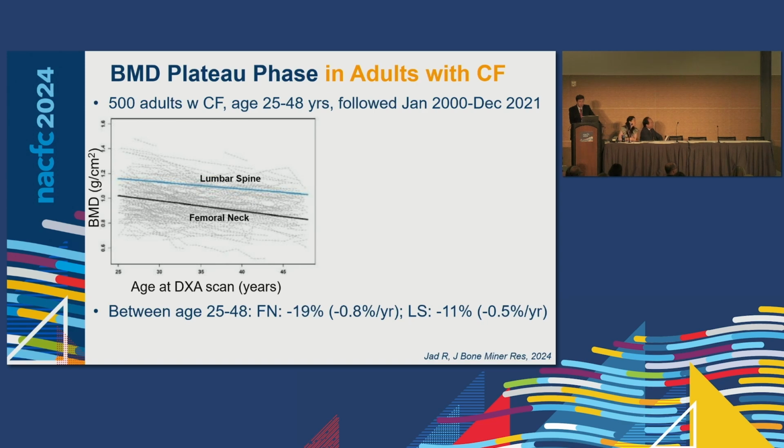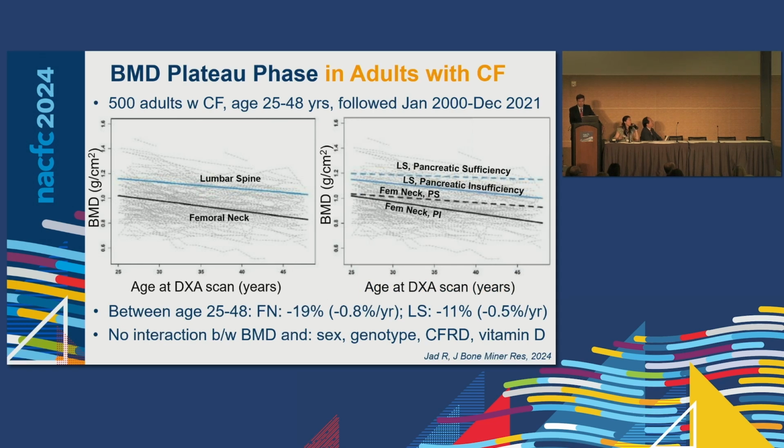The investigators tried to correlate what predicts this bone loss in adults, and there was no interaction between bone density change and sex, CFTR genotype, the presence of CF-related diabetes, or vitamin D levels. However, one factor that was a significant determinant was the presence of pancreatic insufficiency.